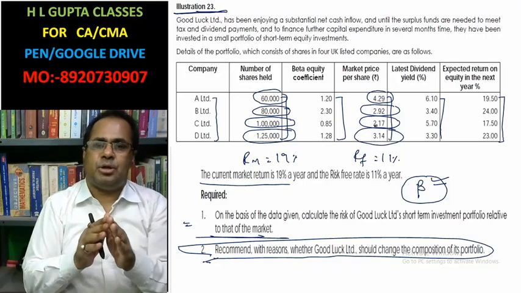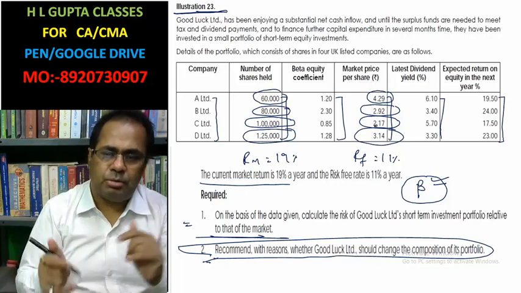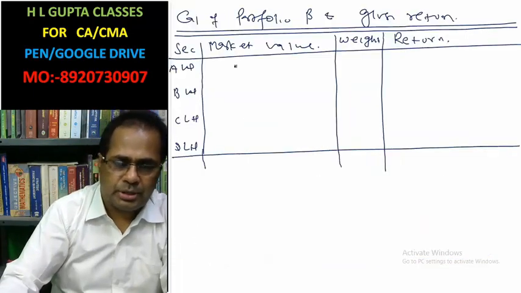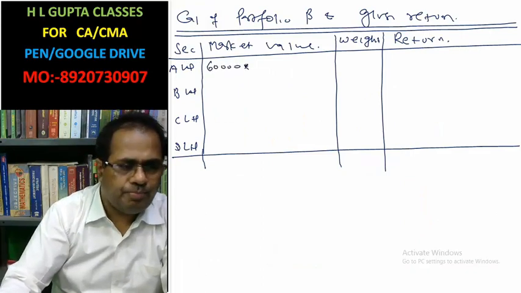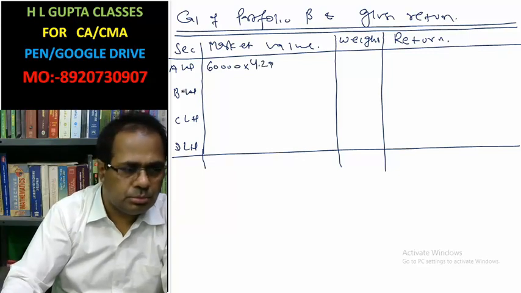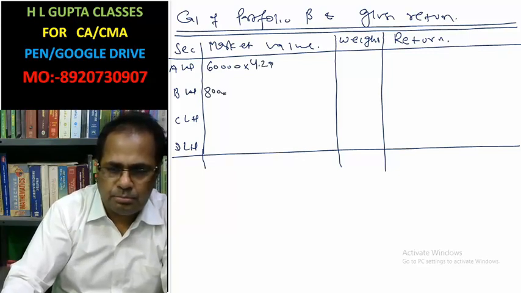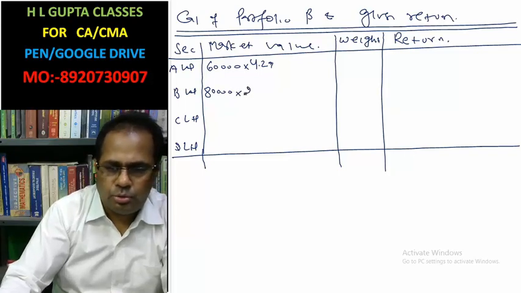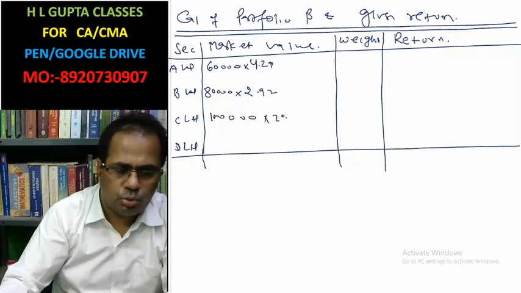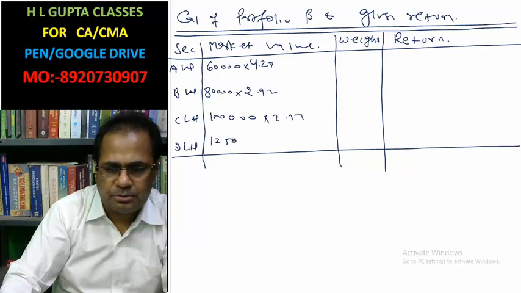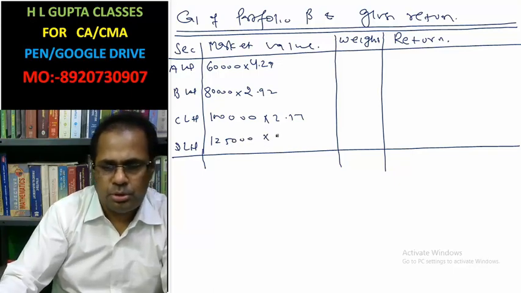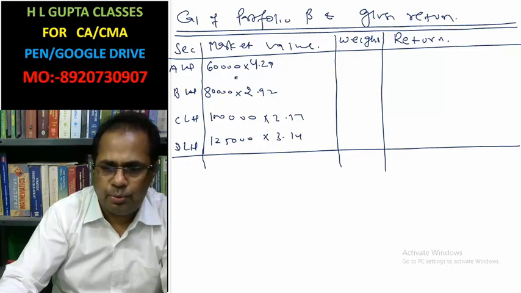By multiplying the number of shares by the market price, you can calculate the market value. 60,000 into 4.29, 80,000 into 2.92, 1 lakh into 2.17, D, 1,25,000 into 3.14. Then what will be the result in this case?